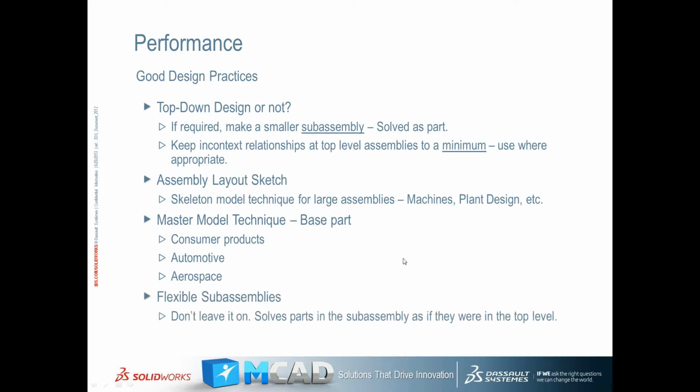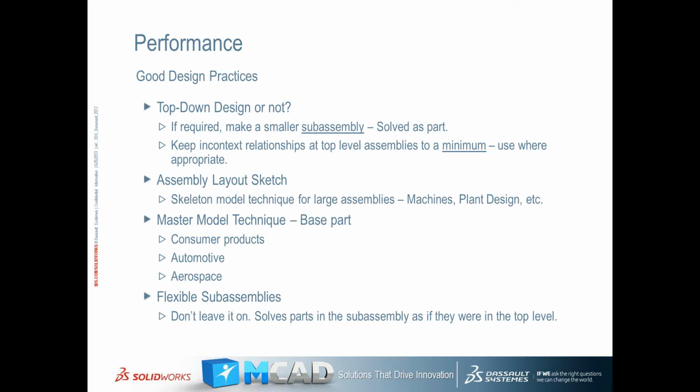And then also flexible subassemblies. I'm not sure if everyone is aware of this, but if you've got maybe a smaller subassembly and you wanted some of those parts in that subassembly to move, there is an option called flexible, and it's in the component properties.